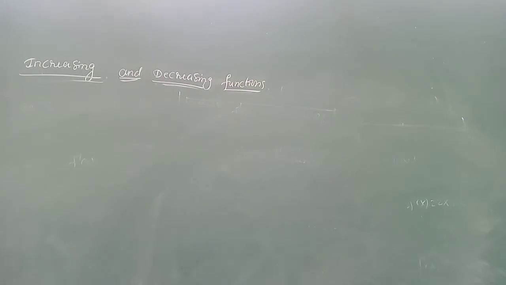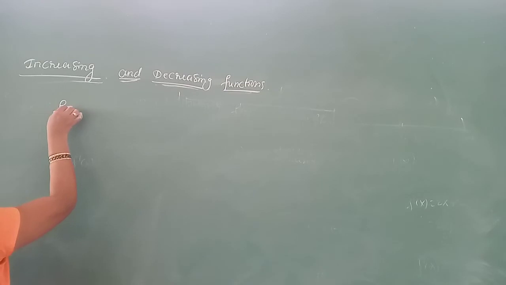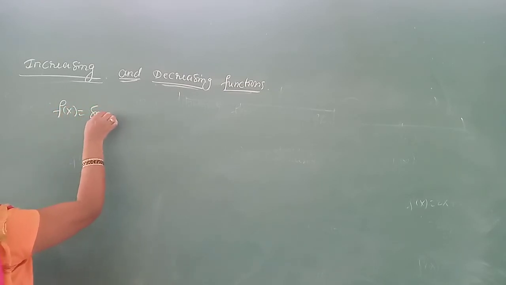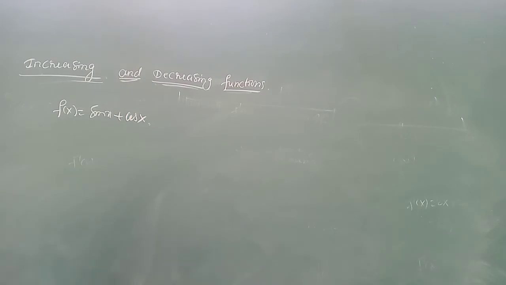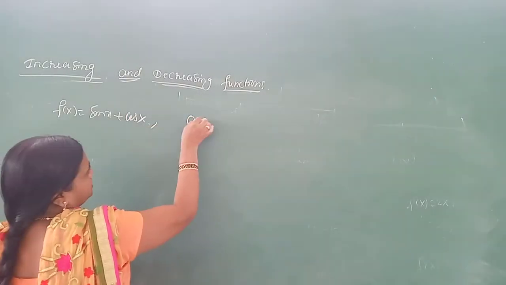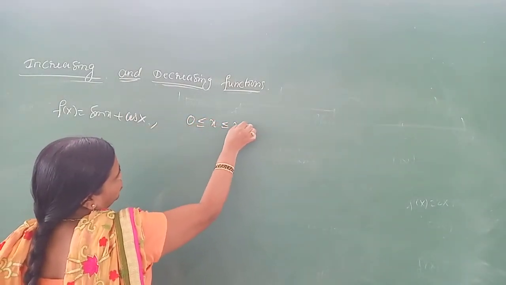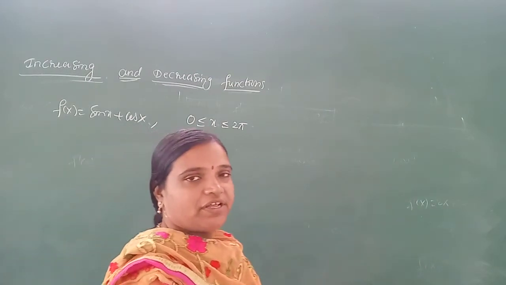Okay, the next point is mentioned. f of x is sin x plus cos x, and it is mentioned that 0 is less than or equal to x, and x is less than or equal to 2 pi. The points are given, 0 to 2 pi. If the points are given, we have to take those points.